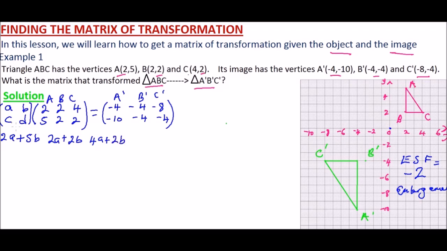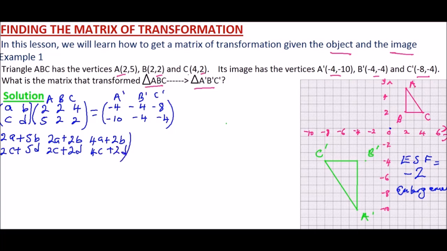We come to the second row. We said C times 2, that will give us 2C. Then we have plus D times 5, that will give us 5D. So C times 2, that will give us 2C, plus D times 2, that will give us plus 2D. Then finally we have C times 4, that will give us 4C, plus D times 2, that will give us 2D.